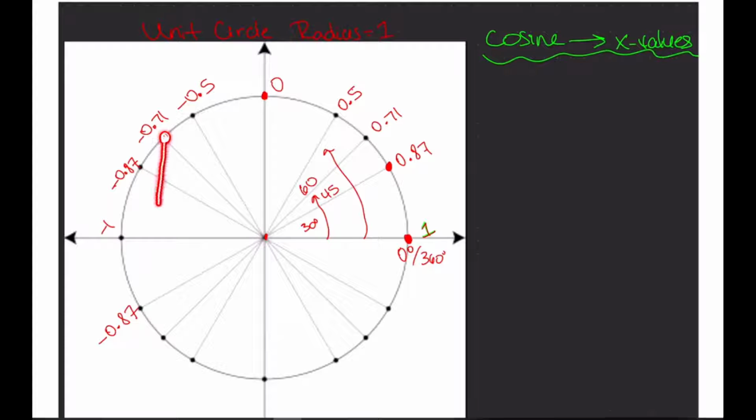This guy reflects to this guy, right? Negative 0.71, negative 0.5. What's my x value going to be down here at 270 degrees? 0. We doing good so far?